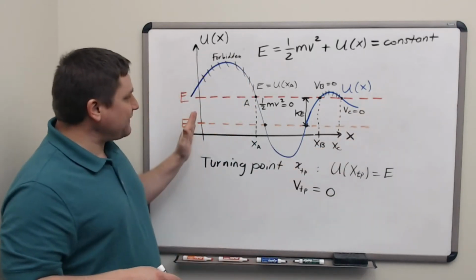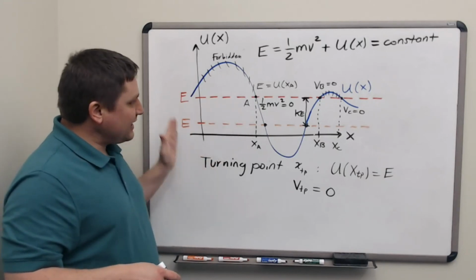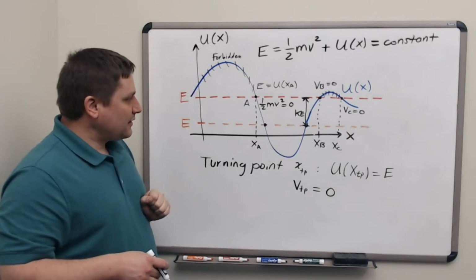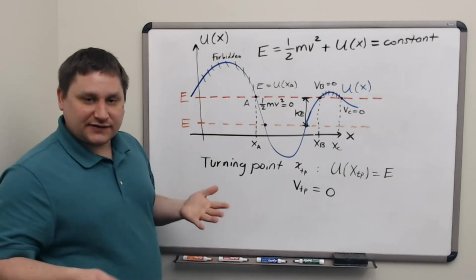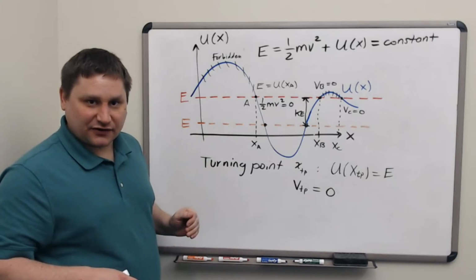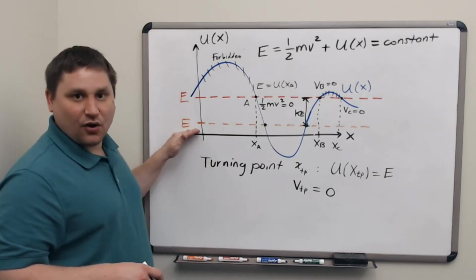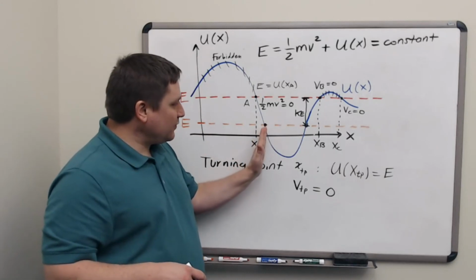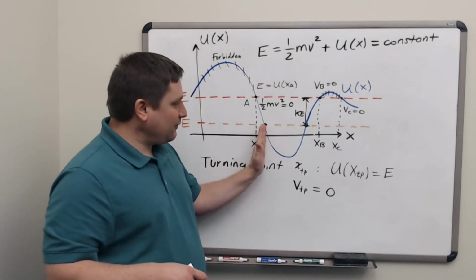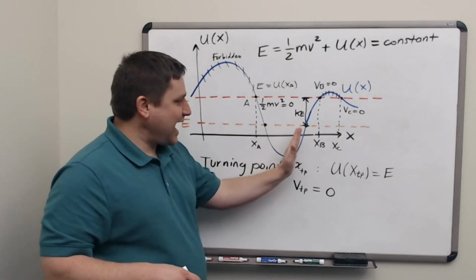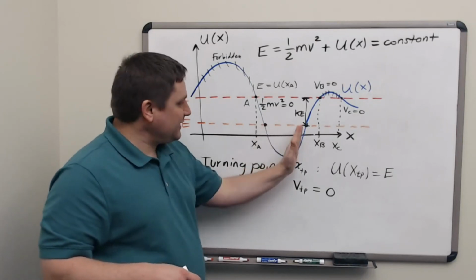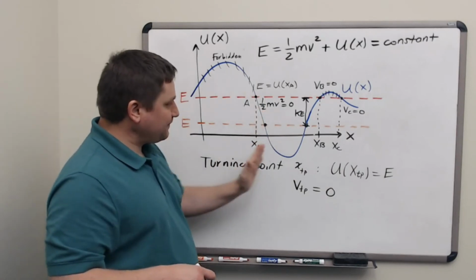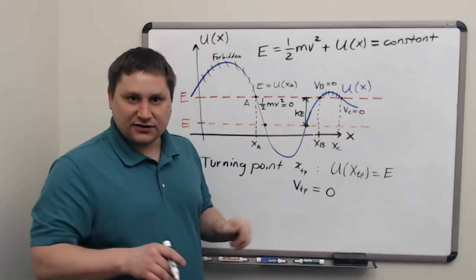But it could not be found to the left of A or between B and C. If a different object with the same mass and same potential energy function had a total energy at the orange dotted line, that object would only be able to exist between this turning point and this turning point. I haven't given those letters, but between here and here would be allowed motion, and outside of there to the left, outside of there to the right would be totally forbidden.